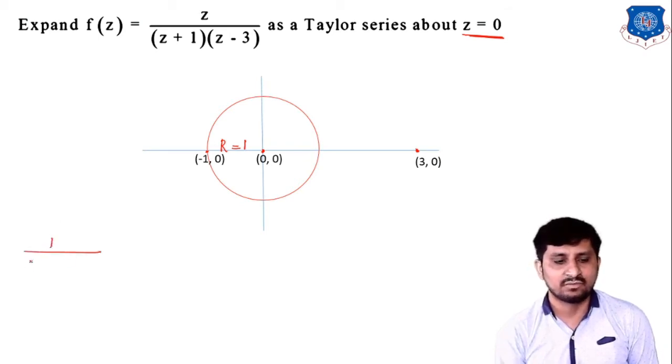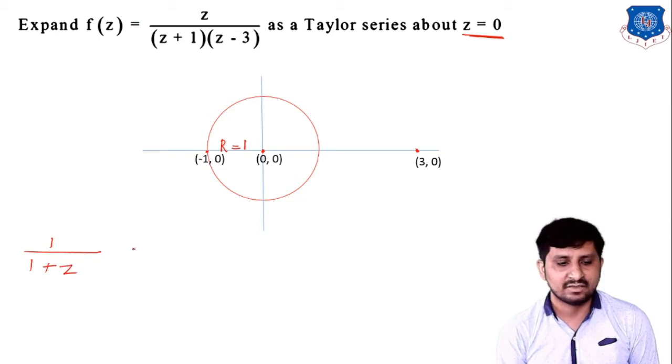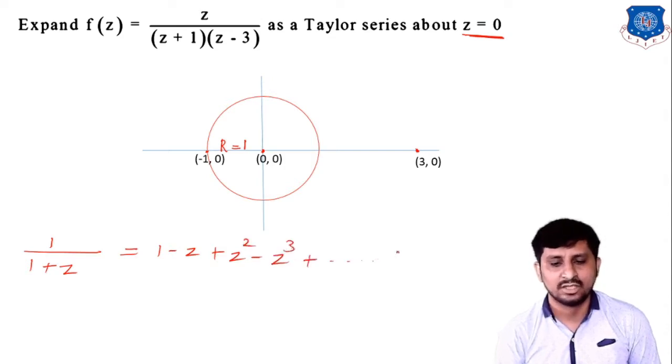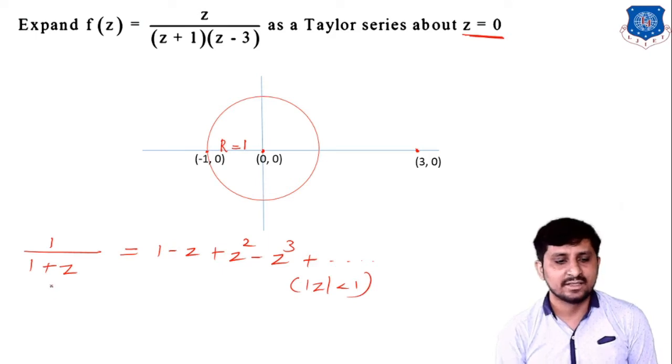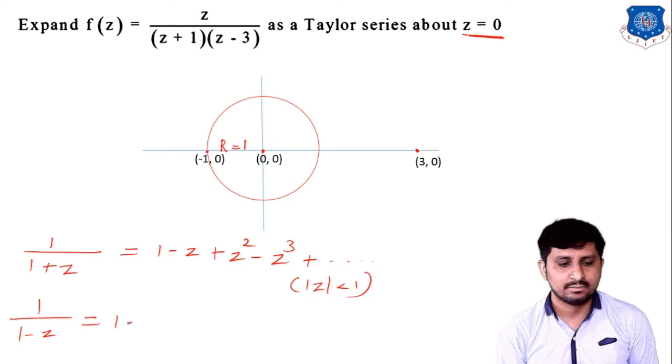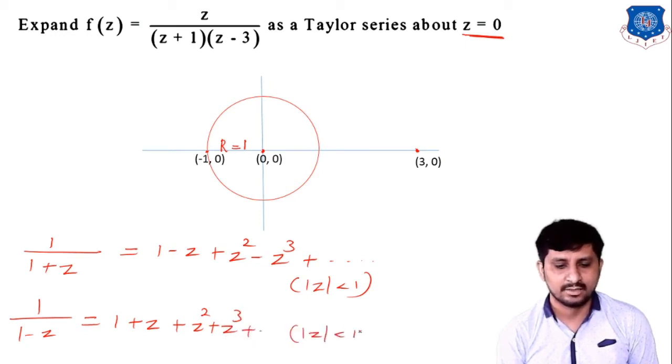We know that 1 upon 1 plus z is equal to 1 minus z plus z square minus z cube plus z raised to 4 and so on. What is my condition? The condition is mod z less than 1. Similarly, 1 upon 1 minus z I can express as 1 plus z plus z square plus z cube and so on. Here also the condition is mod z less than 1.